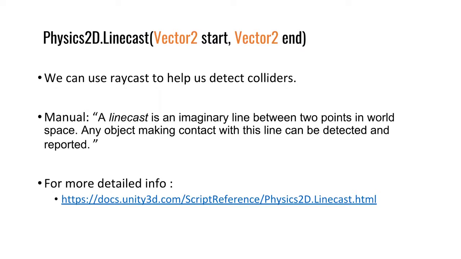The next topic is raycasting, and raycasting is a very useful tool in Unity and physics. Does everyone here know the concept of raycasting? How many of you have heard of the term hit scan in terms of weapons?